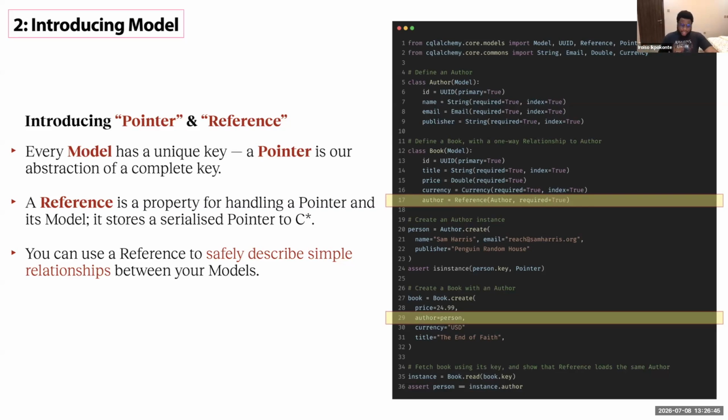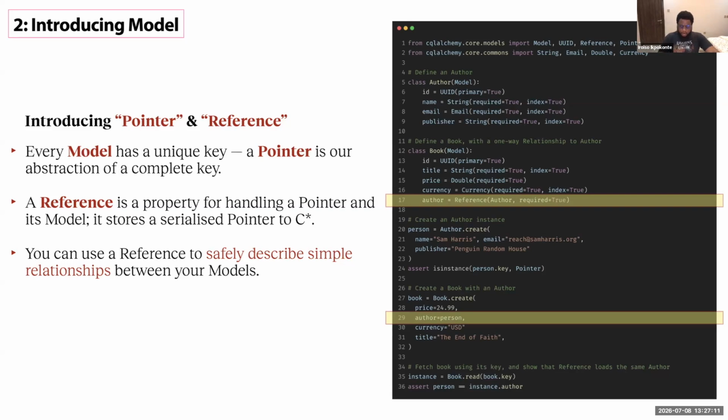The way it does this is it creates something we call a pointer, which is really like a small JSON dict that stores the key space, the table name, and the key of the model that it's pointing to. Whenever you touch that model, it can read that property, fetch it from the database, and give it to you. So you can define really simple relationships doing this.